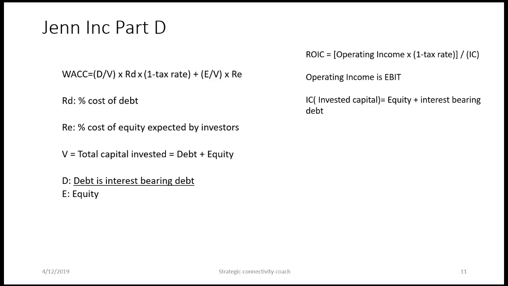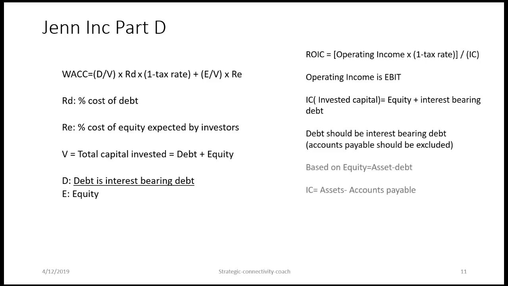The RD is the cost of debt, the RE is the cost of equity expected by the investors, and the V is the combination of total debt and equity. Debt is the interest-bearing debt, so we will not include accounts payable, and equity is the investors' equity on the balance sheet. On the right side, again, debt should be interest-bearing, so you'll always exclude accounts payable.